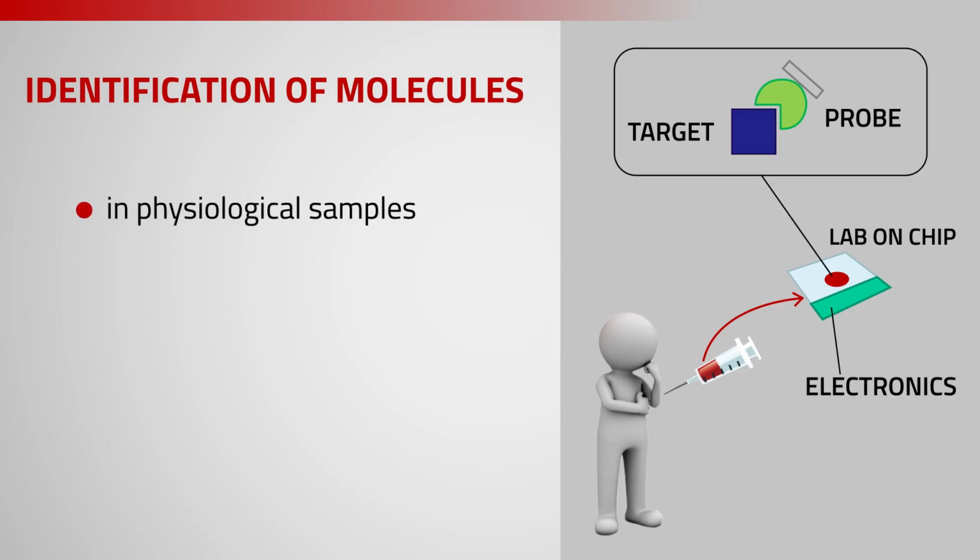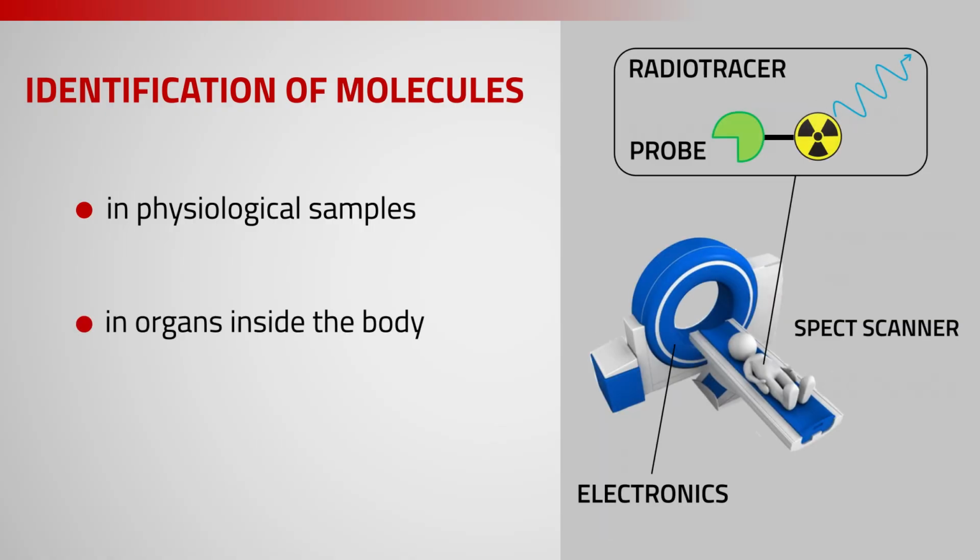So far we have discussed examples of diagnostics based on the extraction of molecules from samples, from physiological samples such as blood, urine, saliva, and so on. Of course, in some cases, those molecules that we want to identify are within the body in specific organs. And in this case, we need different diagnostic tools, which fall in the family of medical imaging techniques.